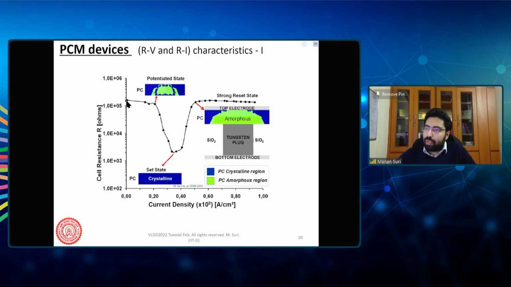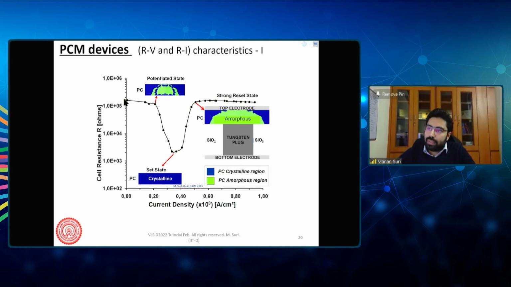Now, if we start with any type of PCM device from the amorphous state, what you see on the y-axis is the resistance, the measured resistance of the device. On the x-axis is the applied stimuli to the device. So let us say we start with the device in a high resistance or amorphous state.